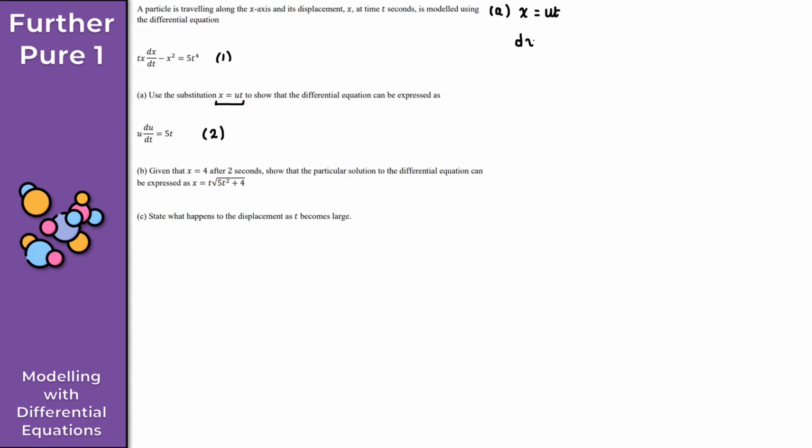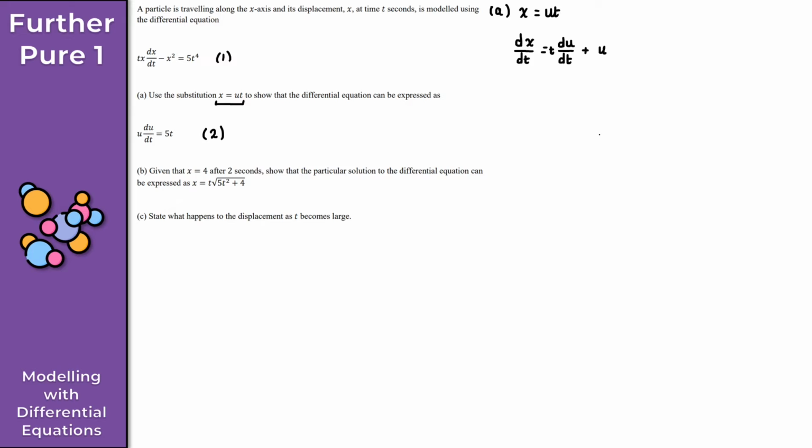In that case, we get dx by dt, and I'm hoping it's kind of obvious here, but we do need to use the product rule, right? We have a product of functions. So again, hopefully pretty trivial at this point. By the product rule, what we get is du by dt times t, I'll put the t on that side, plus u. Okay, so we get t du by dt plus u.